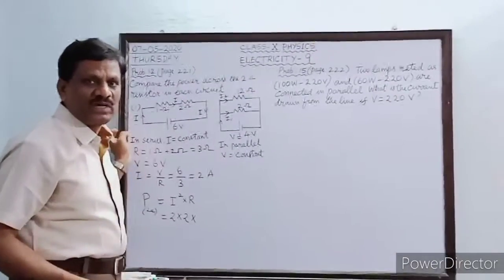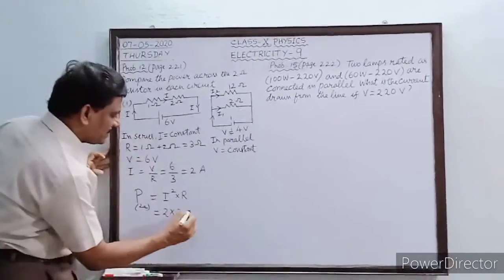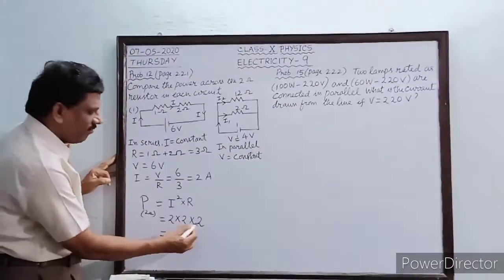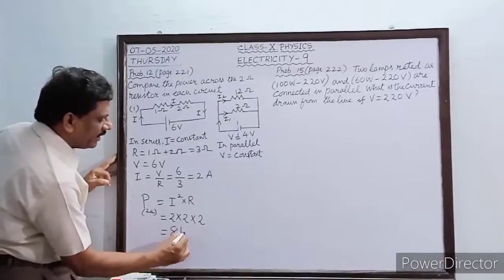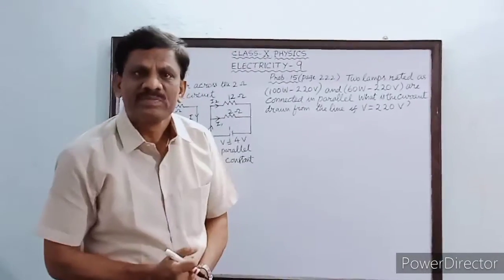Only the 2 ohm resistor they have asked. So this is 2 into 2 into 2, that is 4 into 2, which is 8. And the unit of power is watt. Have you all understood? Yes.